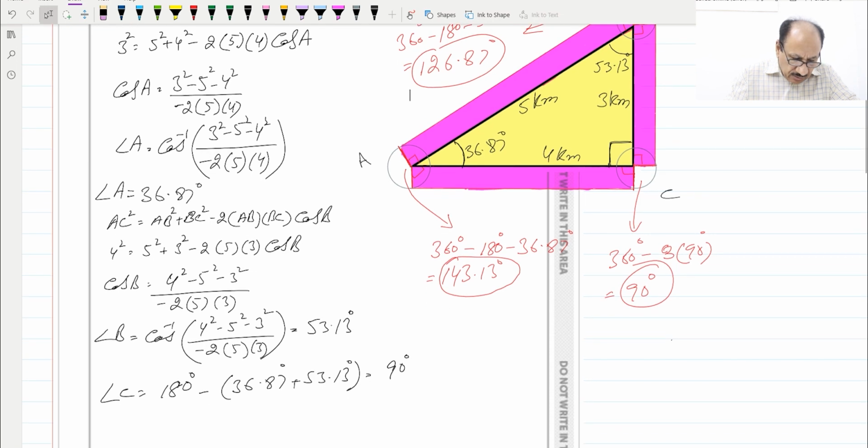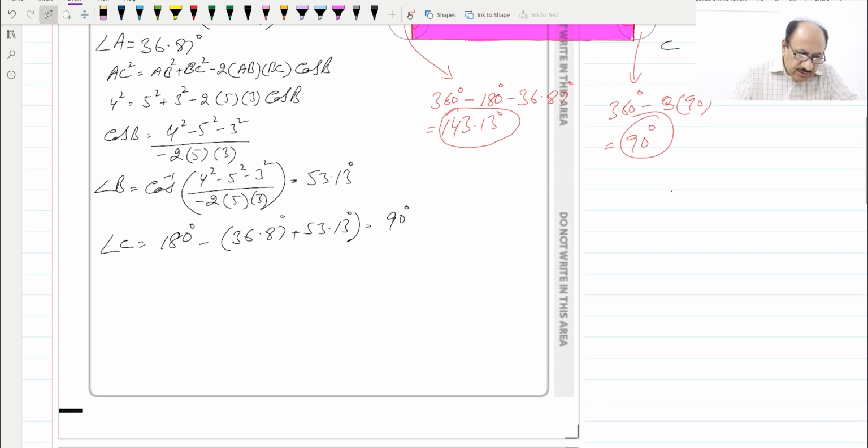Now we can find the area of the sectors. To find the area of the sector, we need the area of sector formula. I'm changing color so that you can distinguish. Area of sector A will be equal to theta over 360 into pi r square. Keep in mind r is 1, because 1 kilometer away we are taking the rectangles. One side is 1 kilometer, so the radius will be 1 kilometer.